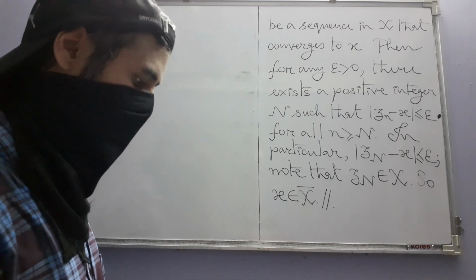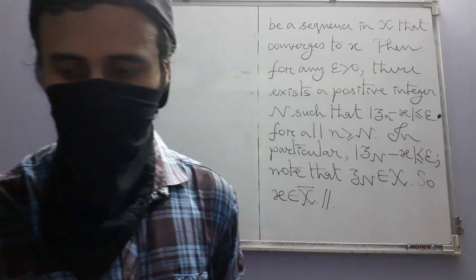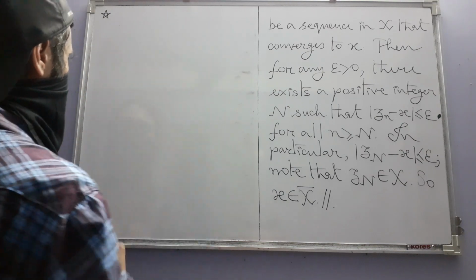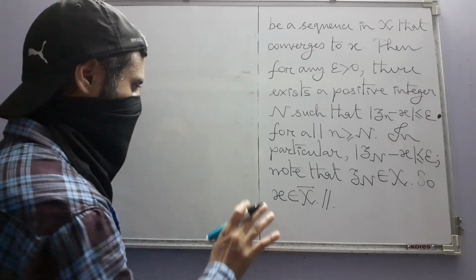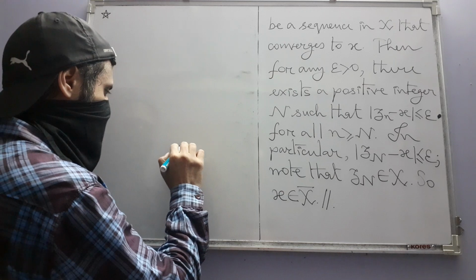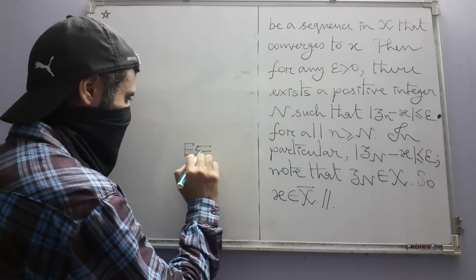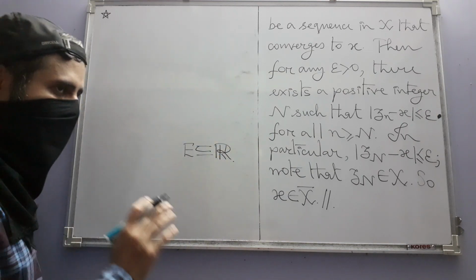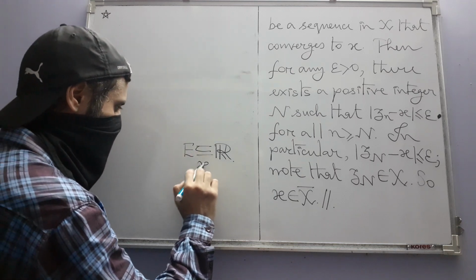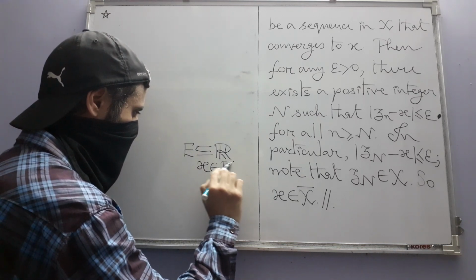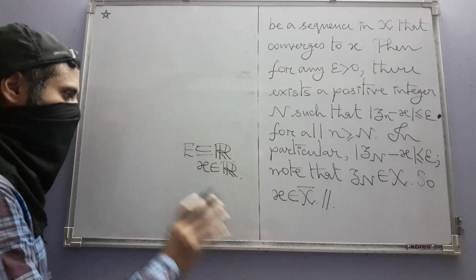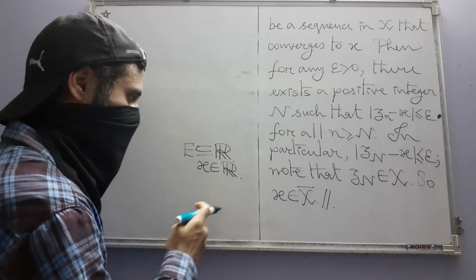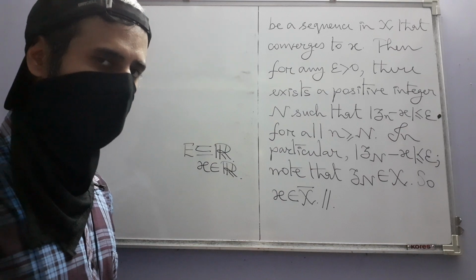Now based on this notion of the closure of a set, we next define the notion of closed sets. Just for a moment, let's recall the notion of the closure of a set. You have a subset E of R, and you know what adherent points of E mean. Okay, so say x is a real number. Very loosely, if I say like this, x is an adherent point of E if x is very close to E. That's it.